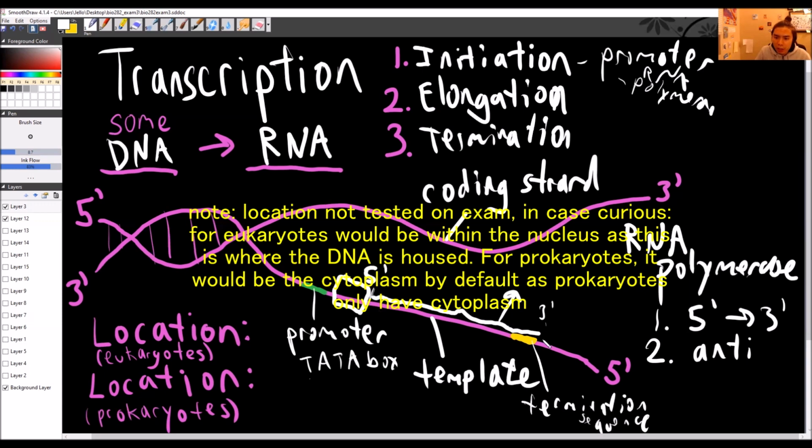It is only this long. We only transcribe this section of DNA. What allowed us to specify this little section of DNA to transcribe was the promoter, which acts as one cap, and then our termination sequence, which acts as the other cap. So to make this little truncated RNA.